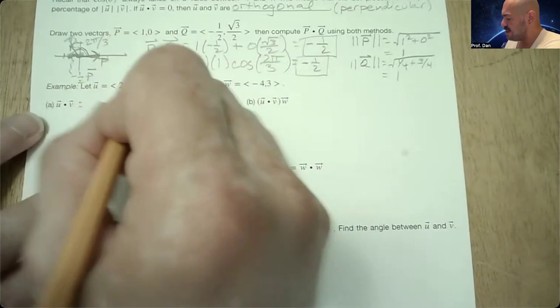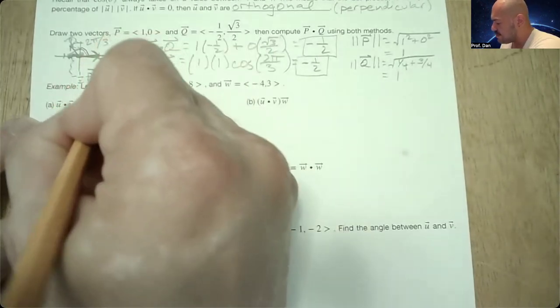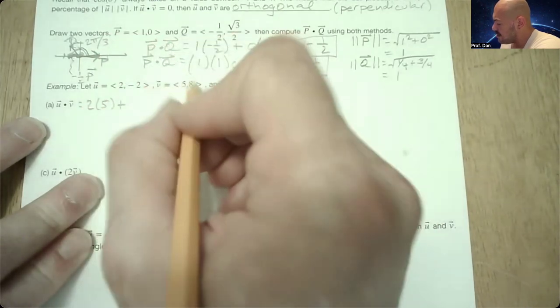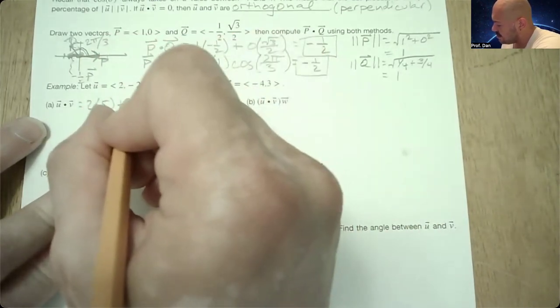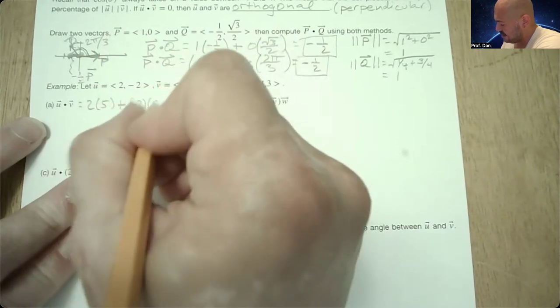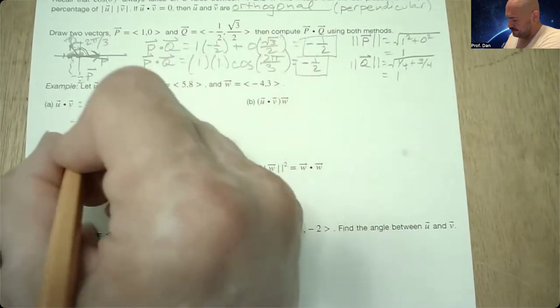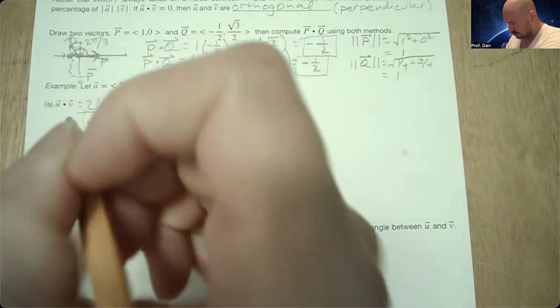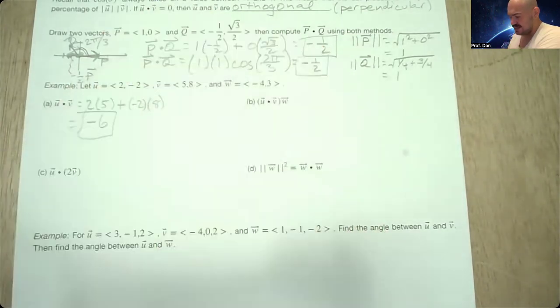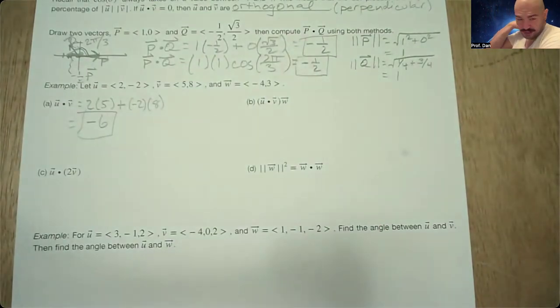So first component times first component, that's 2 times 5, plus second component times second component, that's -2 times 8. And we end up getting -6 as our dot product.